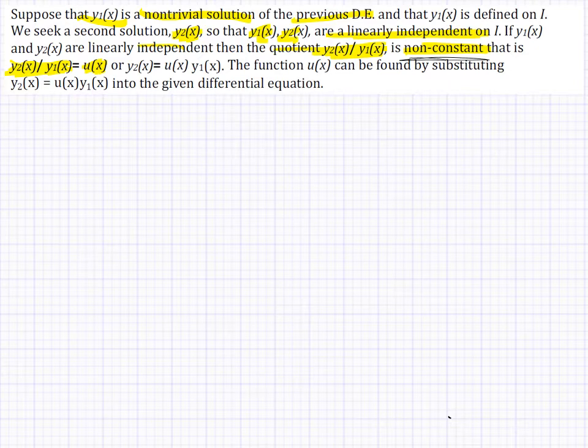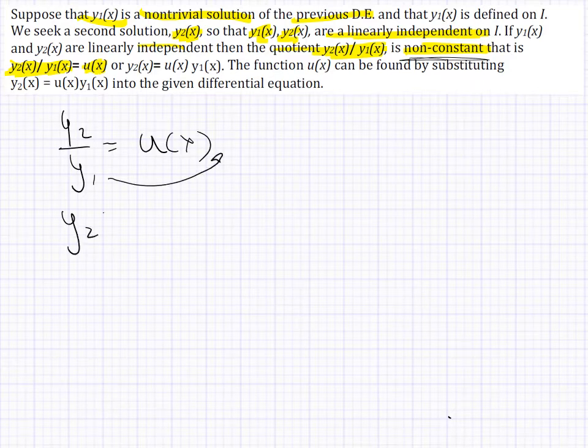Well, if y2 over y1 equals this u of x function, I can multiply y1 to the other side and say y2 of x equals u of x times y1 of x. And this is u, not mu, like when we were doing the integrating factor. All it's doing is holding place value for something, this function of x.